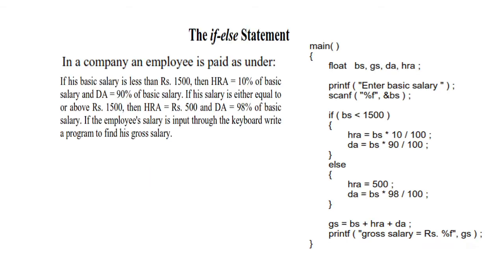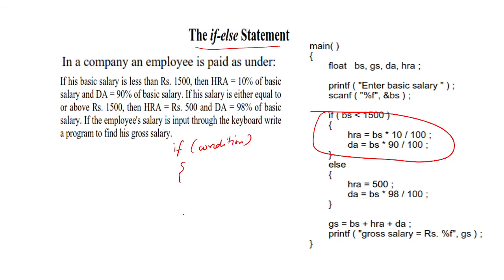So let's go to the next slide. Next is the if else statement. We have studied this part. This is called the if block, where there is some condition and we write some statement.